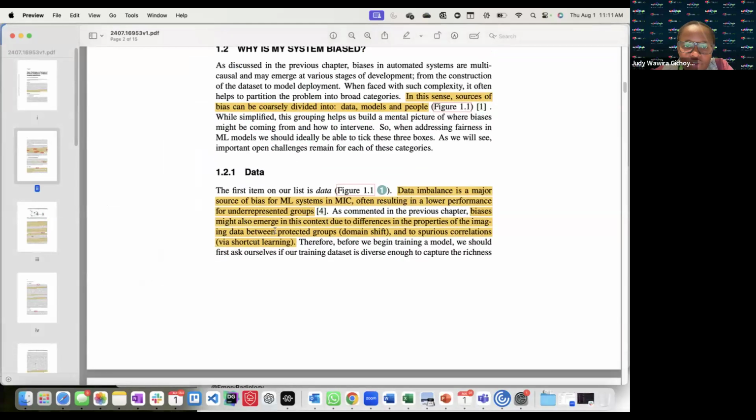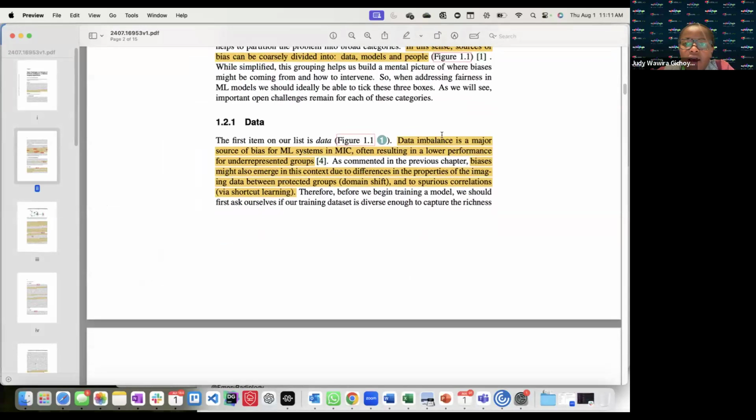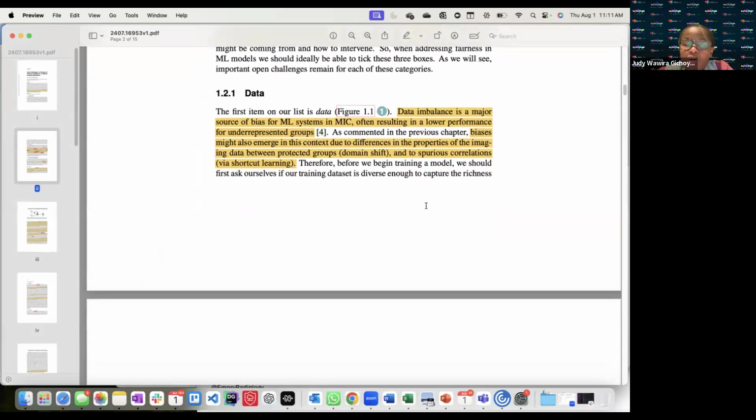So, the section 1.21 starts off with data. And we know that data imbalance is a common problem. It's not only just the occurrence of disease, where you find that many of the studies can be normal, but it's the percentage of abnormality in an image. We see this especially for mammogram images, where we can have a mammogram.